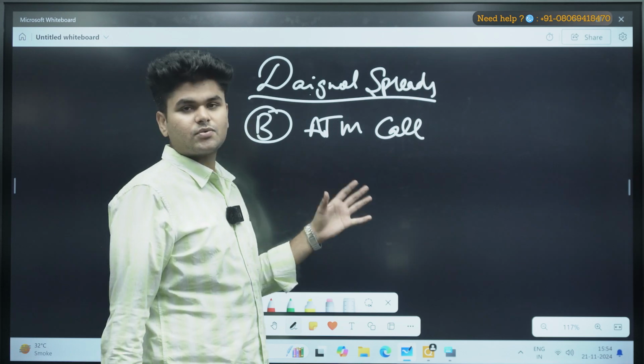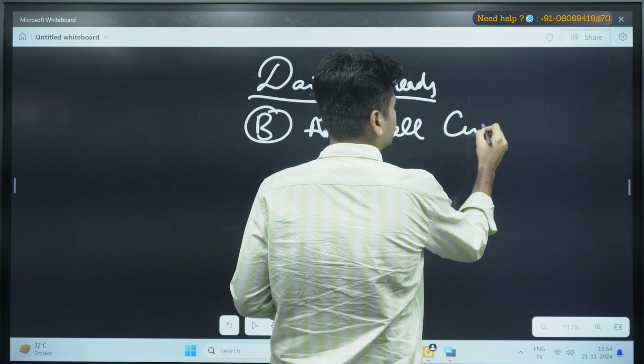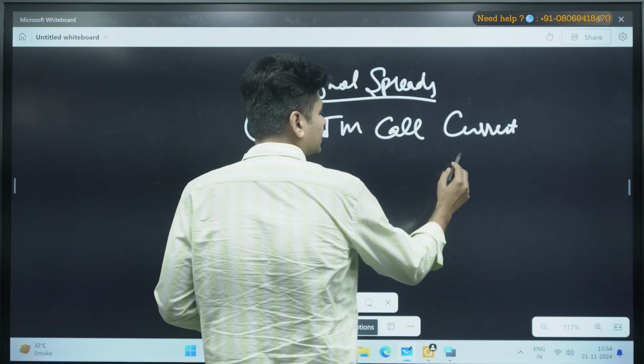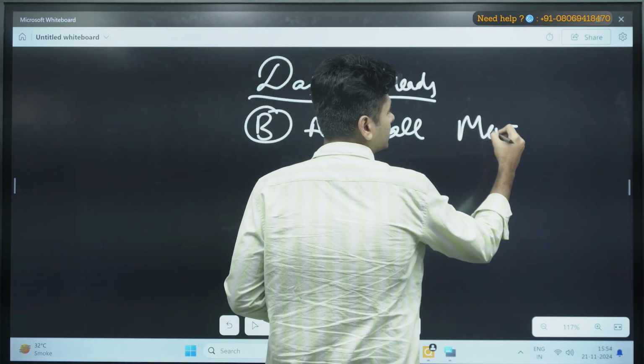So let's just suppose you buy the at the money call for the given week, current week, sorry, you buy the, let's just say, monthly expiry.